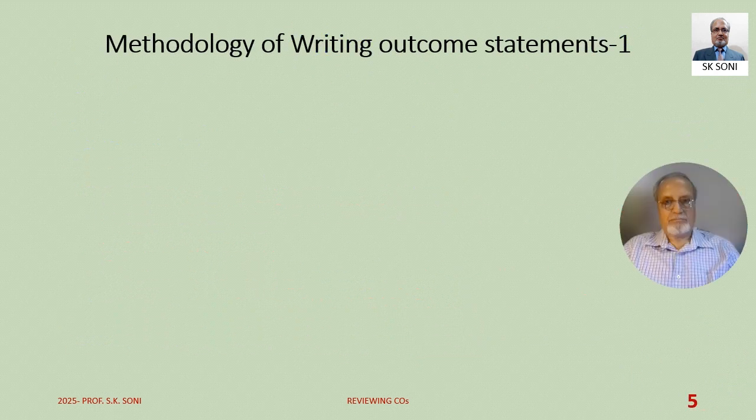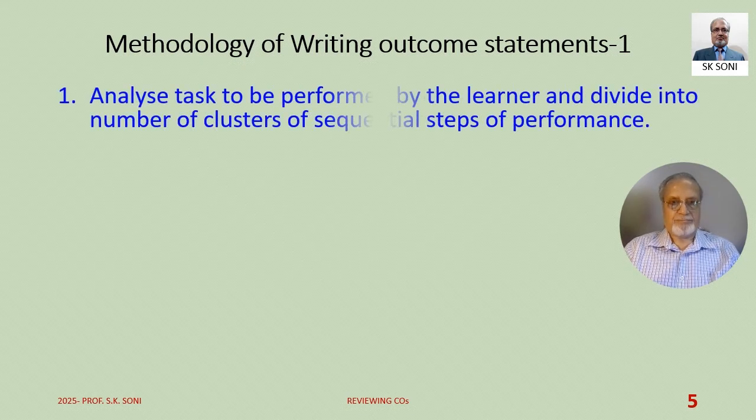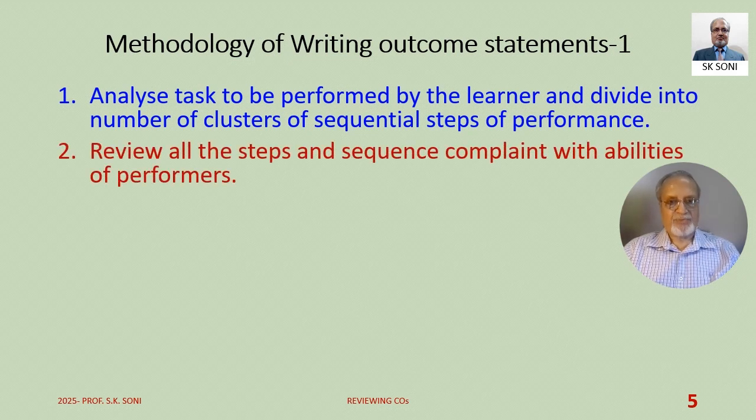Methodology of writing outcome statements. Analyze tasks to be performed by the learner and divide them into a number of clusters of sequential steps of performance. Review all the steps and sequence, compliant with the abilities of the performers.